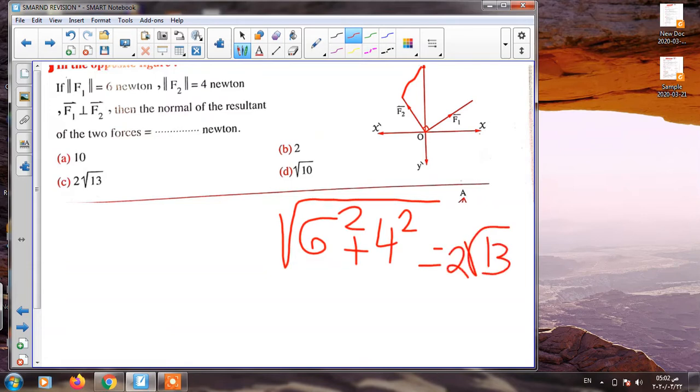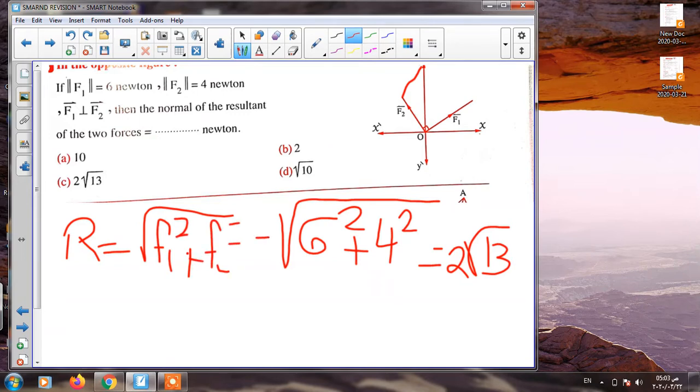You're going to take it as a rule in senior 2 later on, which says that the resultant of our forces, if they are perpendicular, is root of F1 power 2 plus F2 power 2.